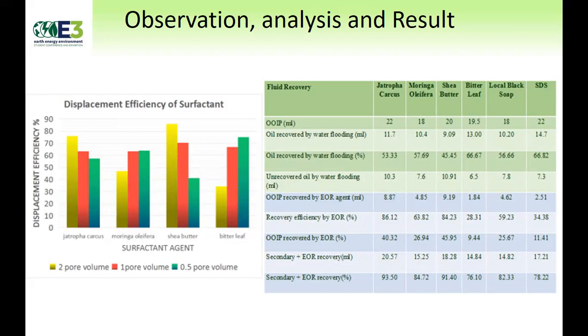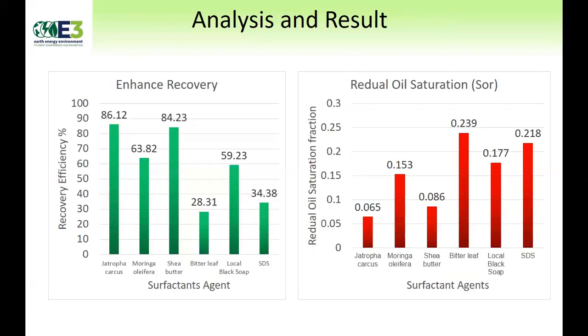Now, this tells us the efficiency of this experiment. For the enhanced oil recovery process, which was done only with the saponin, the surfactant agent, we could see the same thing that was said: Jatropha curcas coming in top, followed by shea butter, and Moringa oleifera before the black soap. The black soap is a local soap made in Nigeria. Also the residual oil in place tells us how efficient our work was.